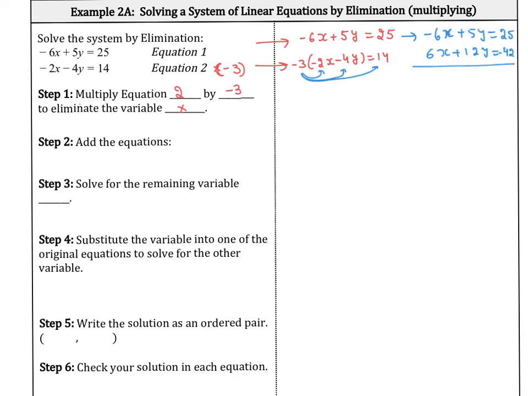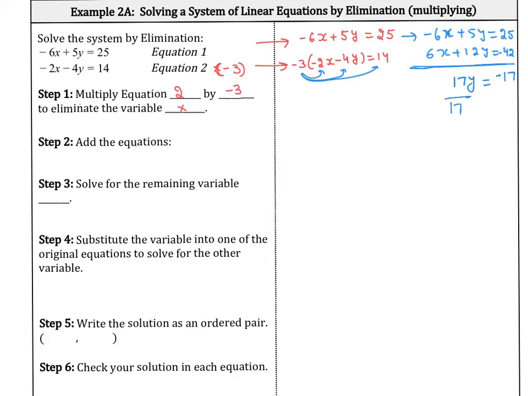Now when we multiply the negative 3 inside, negative 3 times negative 2 is 6x, negative 3 times negative 4y is 12y, and negative 3 times 14 would be negative 42. Now we are going to add the two equations. When we add, the 6x and negative 6x cancel, 17y equals negative 17.